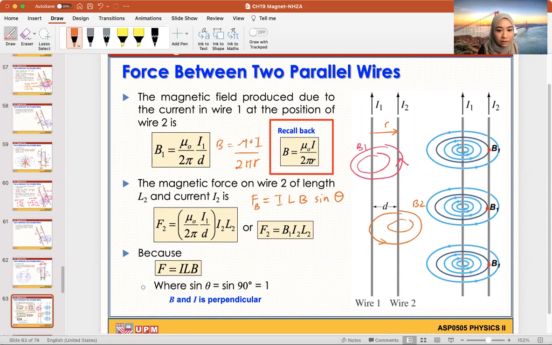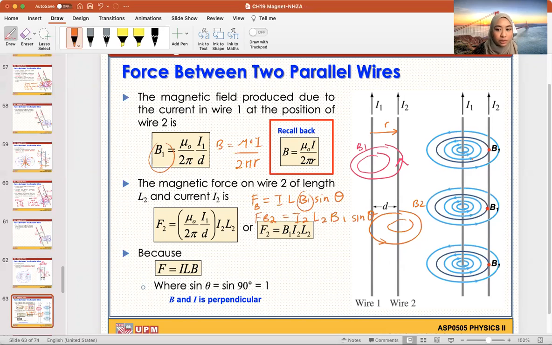The force on a length of wire. So ILB sine theta. Now that we know what is our B1, okay, this is B1. So our force on conductor number 2 is I2 length of conductor number 2 B1 sine theta.